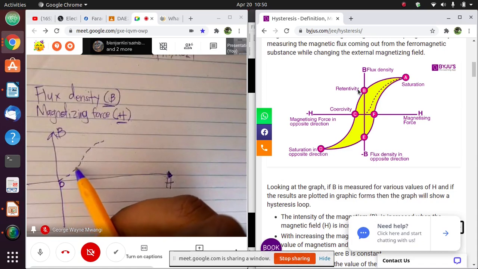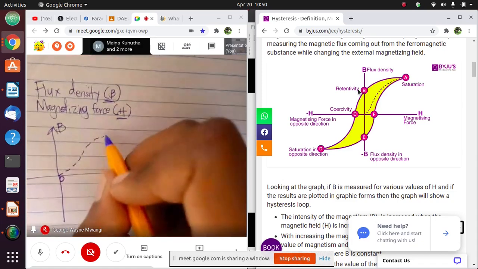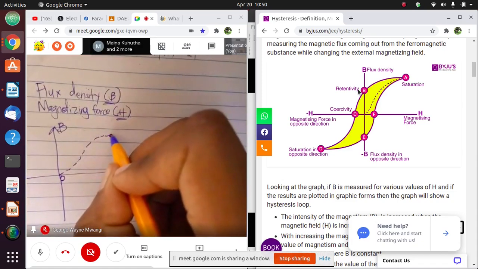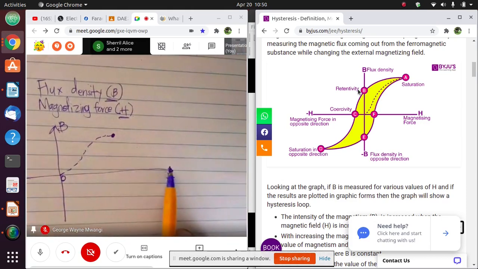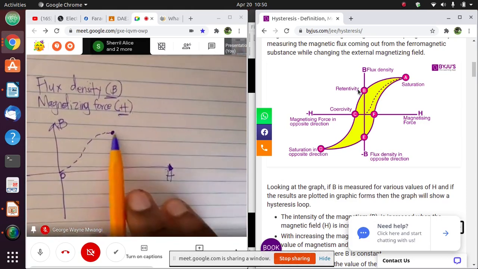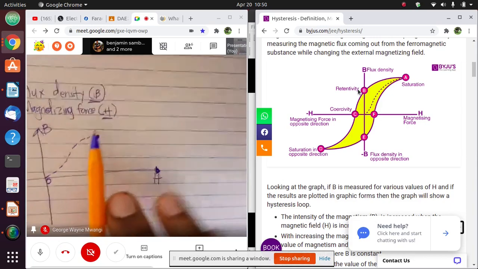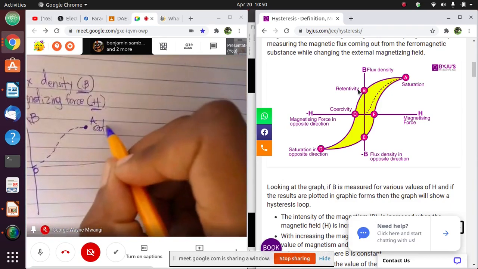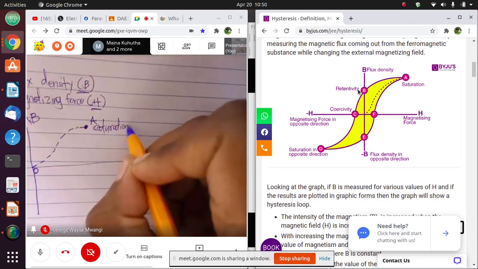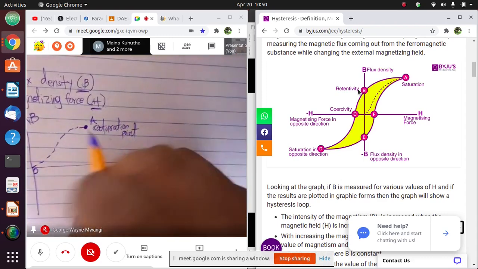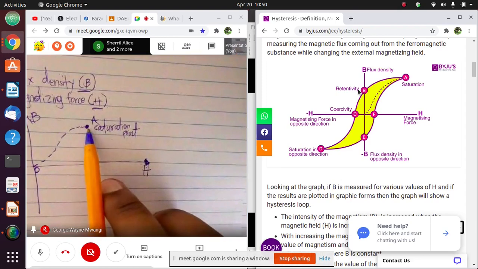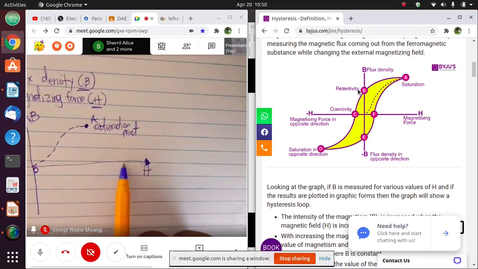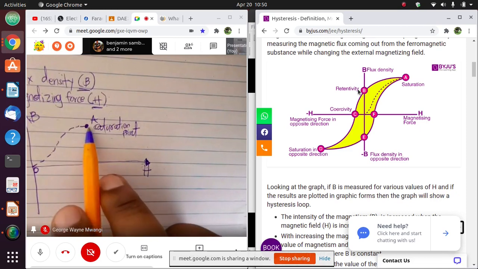It will increase linearly, and then it will reach a point where even as we increase the magnetizing force, the magnetism in that material will not increase. Now this point, let's label this point A. This point is known as saturation point. Saturation point is a point where hata ukiendelea ku increase the magnetizing force, the magnetism in that magnetic material will not increase.